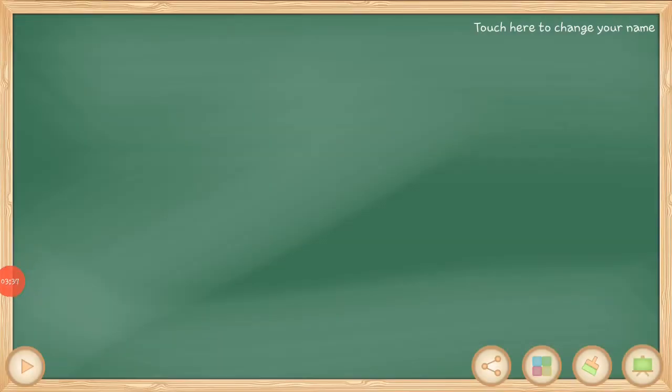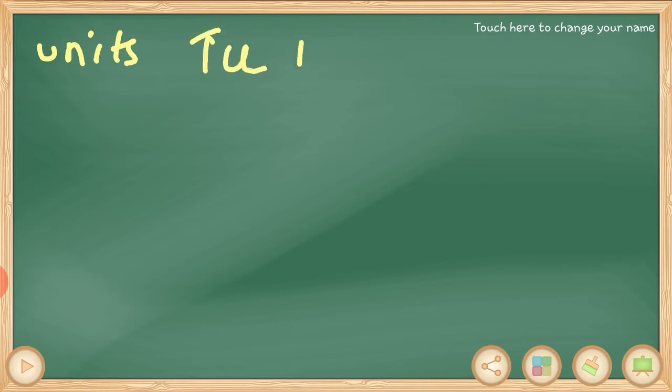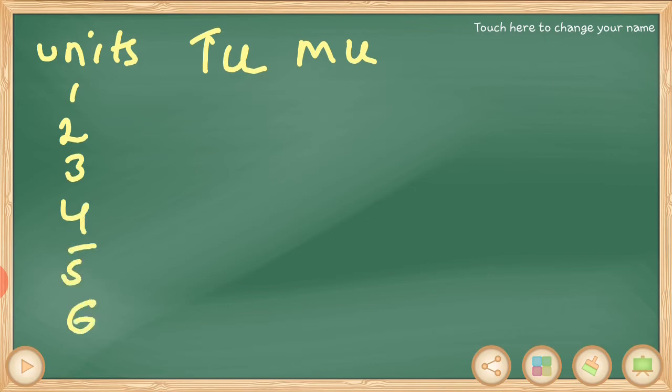Yes, see here, the first column units, second TU, then MU. Units will take 6. If total utility is given, how to calculate marginal utility?